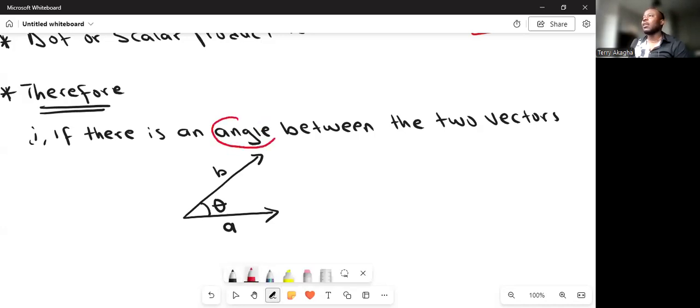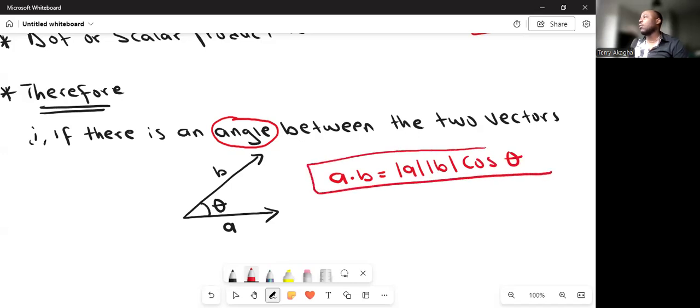So when you're solving and there's an angle, how you find the dot product is a bit different, okay? So the dot product, A dot B, between both of them is equal to the magnitude of A multiplied by the magnitude of B cos theta, okay? And I've showed you how to find the magnitude of each of these in the previous video.